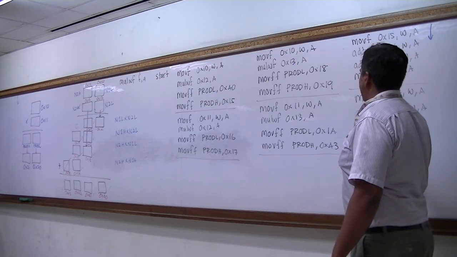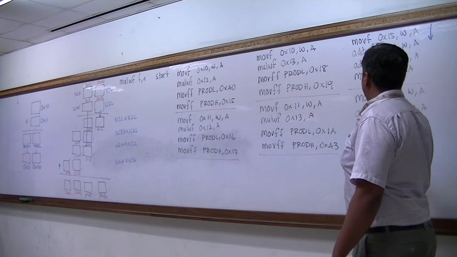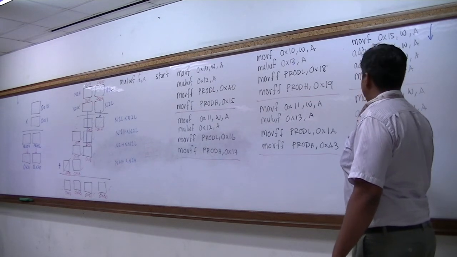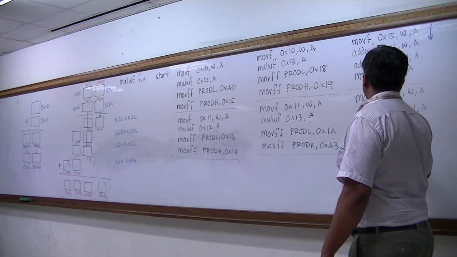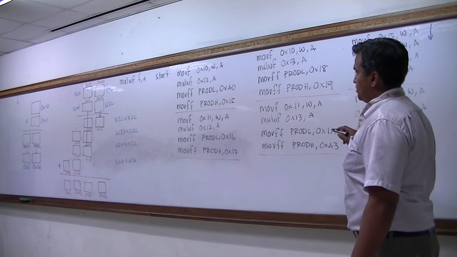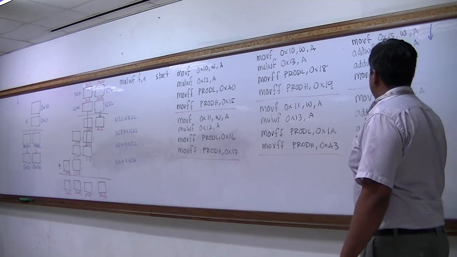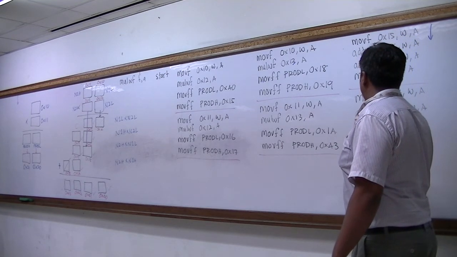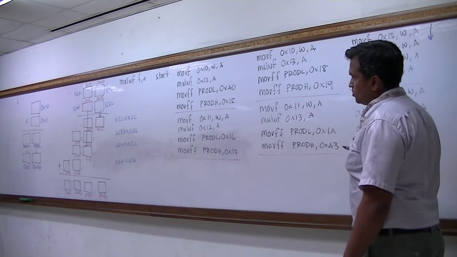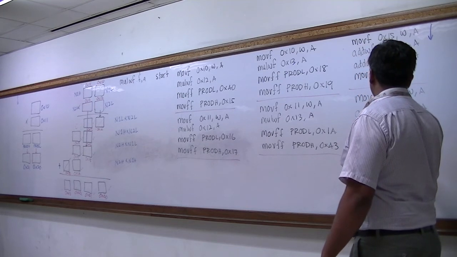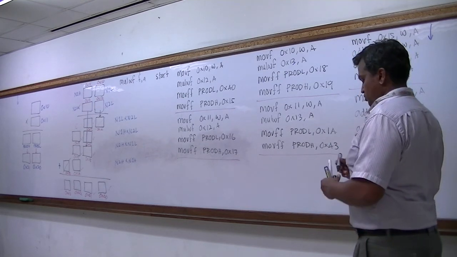This one not necessary, but if you want to put WFC also you can, no problem. It's not a problem. X1A, you store the answer in working register. And finally you move WF to X42.